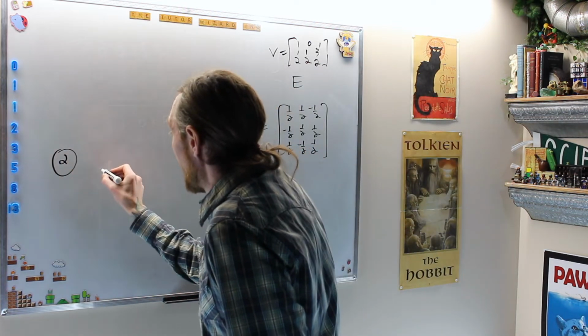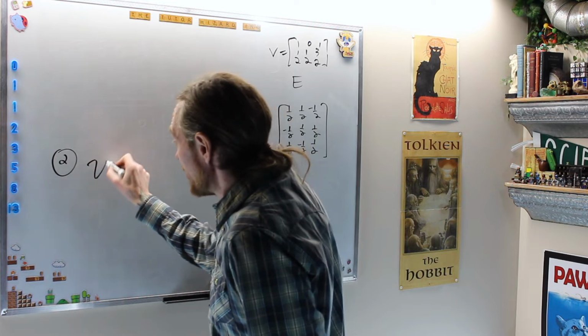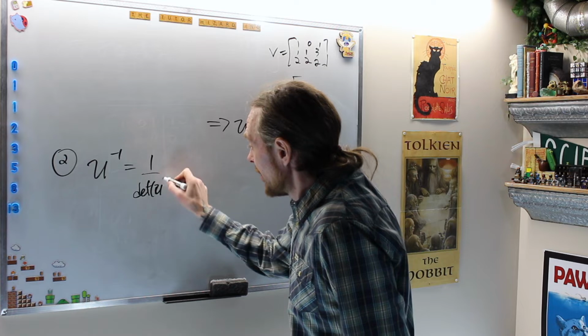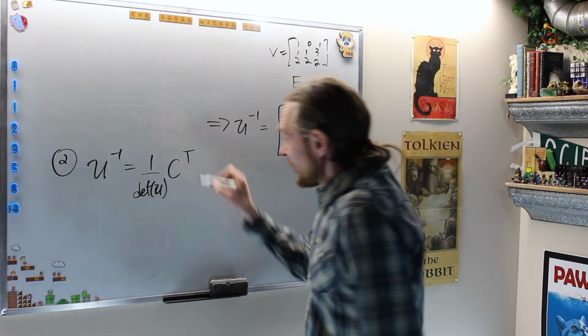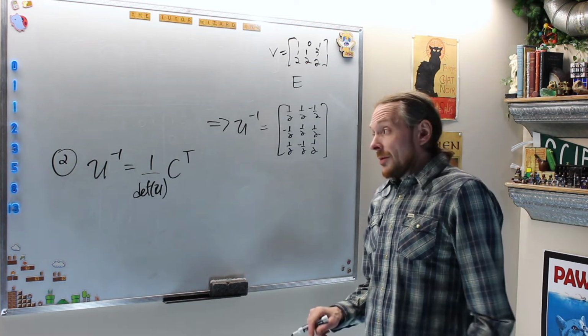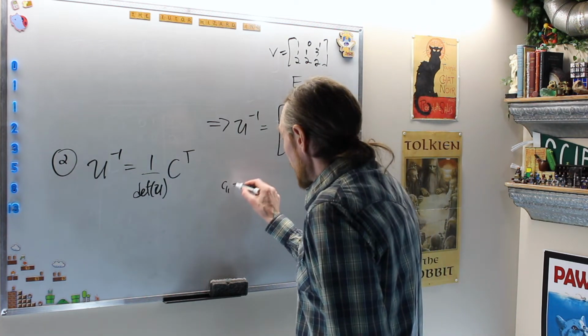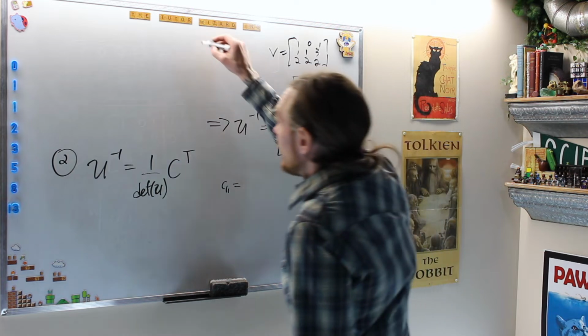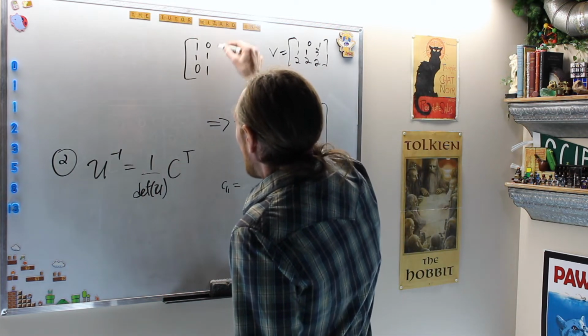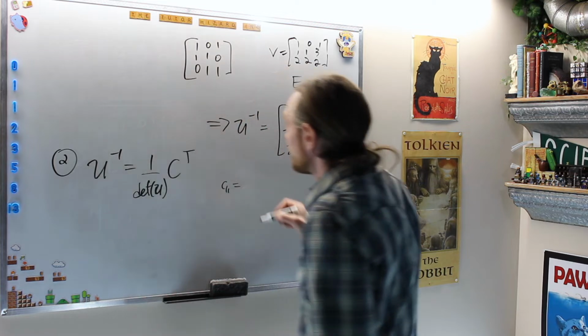The other way to find the inverse is like this. Method 2. I can write all the cofactors. U inverse is 1 over the determinant of U times the cofactor matrix transposed, or the adjoint matrix. So let's build that. C11 is equal to, first of all, I need U: 1, 1, 0, 0, 1, 1, 1, 0, 1.